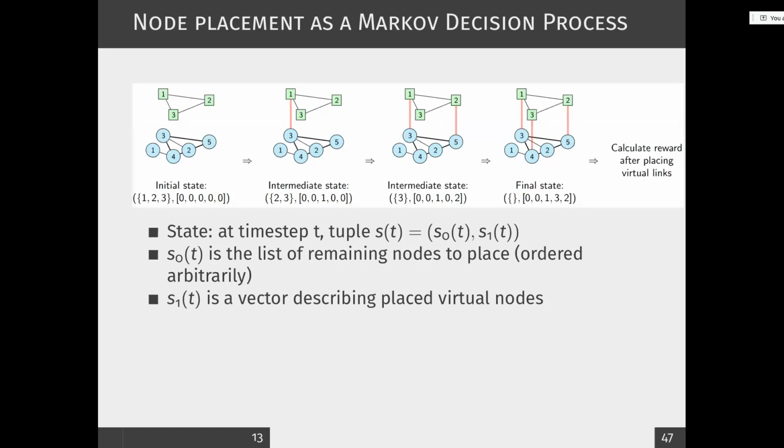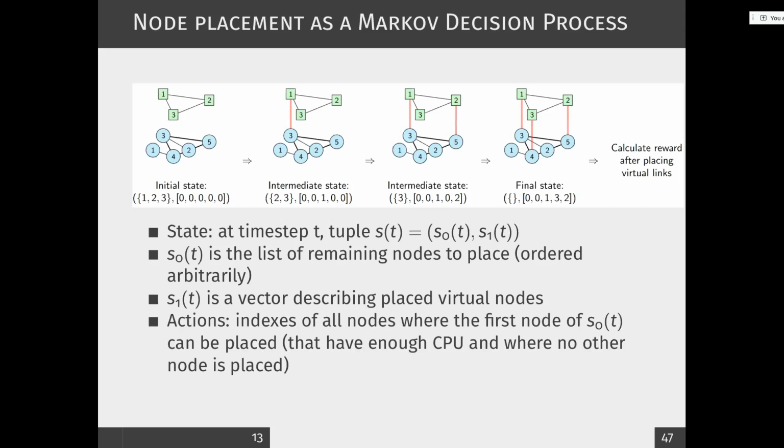We have a state that's comprised of two lists. Here is the list of the nodes to place, and here is the partial placement described in this vector. At each step, we take the first node to place of the list, here 1, and we take an action, which is to choose where to place it.